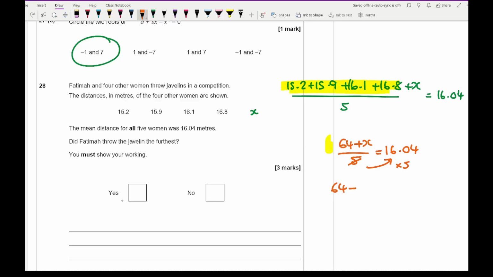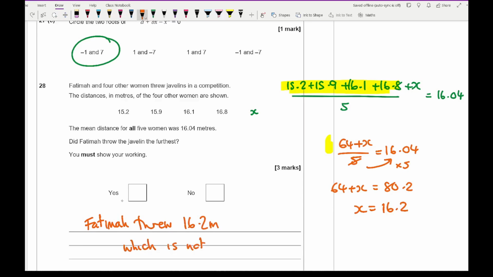So 64 plus x equals 80.2. So x equals 80.2 minus 64, and it gives me an answer of 16.2. So Fatima threw 16.2 meters, which is not the furthest, and so the answer is going to be no.